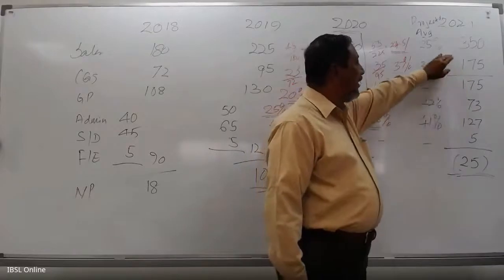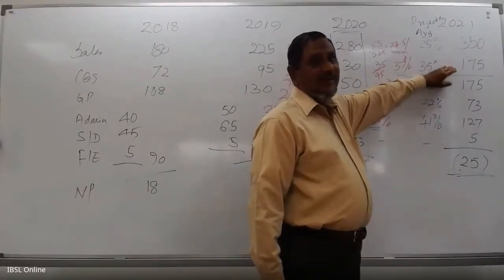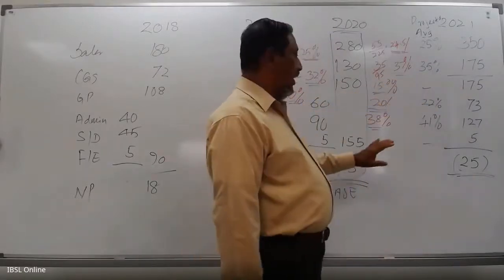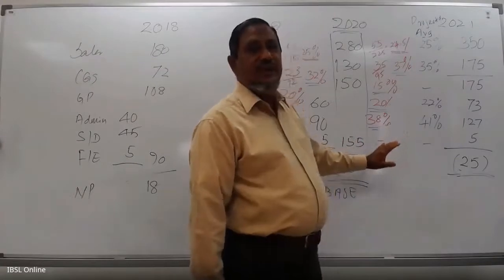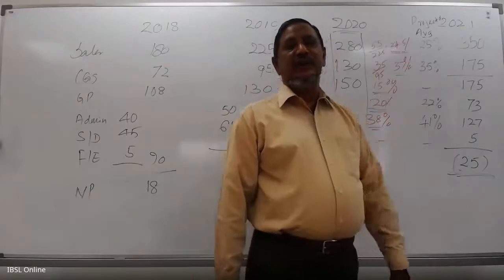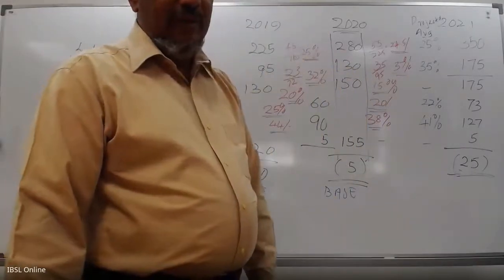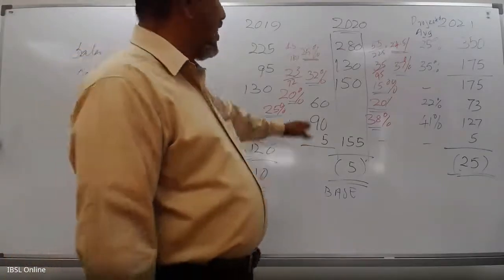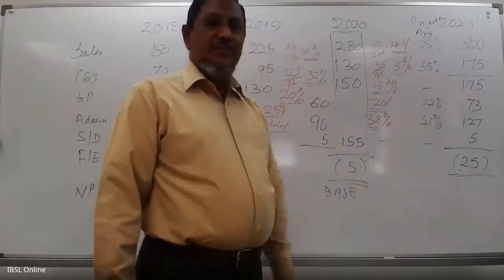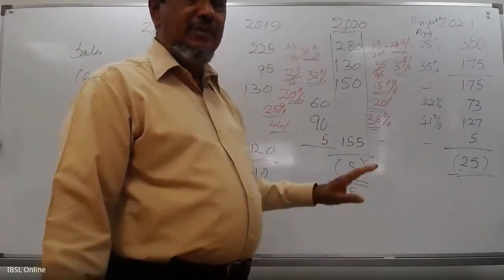Now, if you look at the sales, that's not being increased at that level. Right? That's a disadvantage we can see in applying this type of method. If there is any abnormal situation in one of the items, it will be reflected in the future also without any change. That's a disadvantage. So the advantage is, if the structure is strong and the same, then it will be justifiable for us to take into consideration. So this is one method we use.